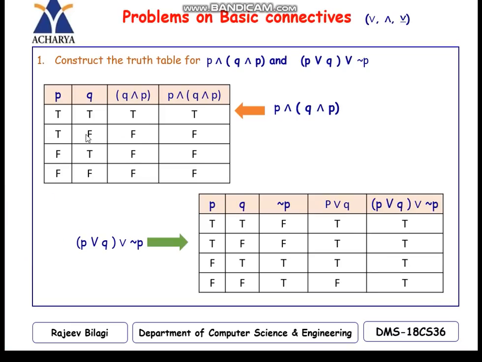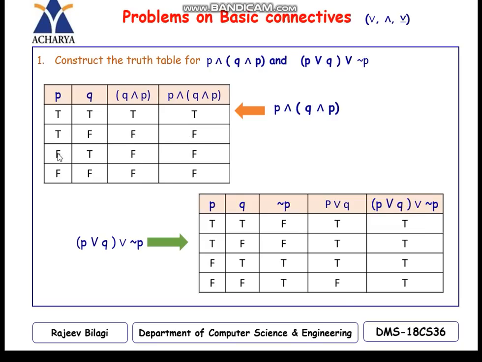For T, F it is F, for F, T it is F, and for F, F it is again F. After finding this, what we need to find is P and Q and P. Now I compare these two. P is T and Q and P is T, so both are true, then it is true. It is T, it is F, then again it is F.